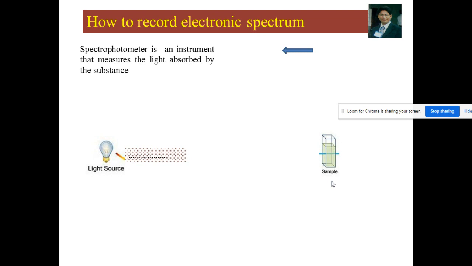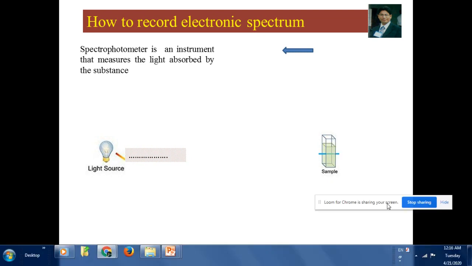Now, here the picture has shown the function of the spectrophotometer.